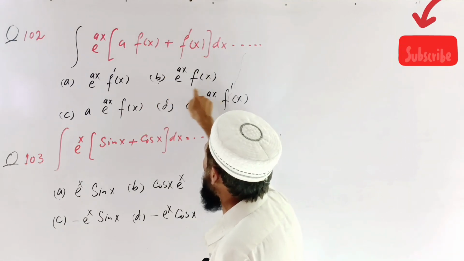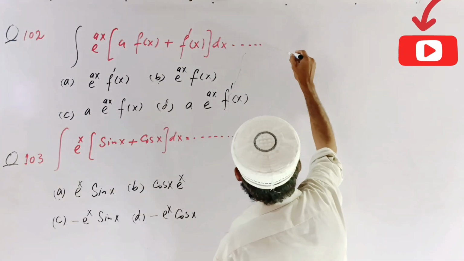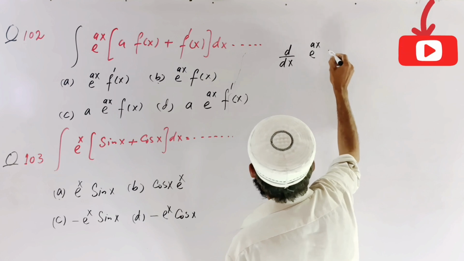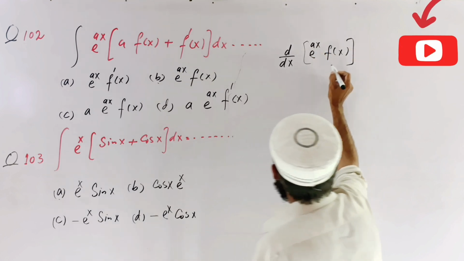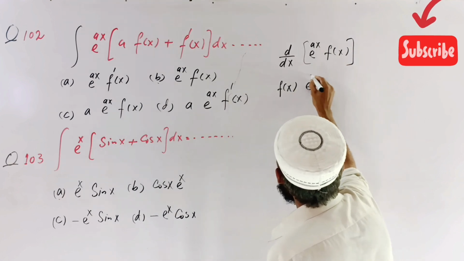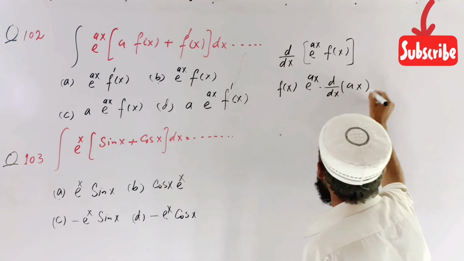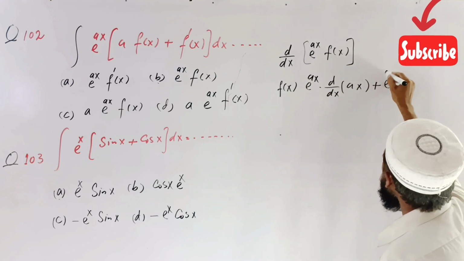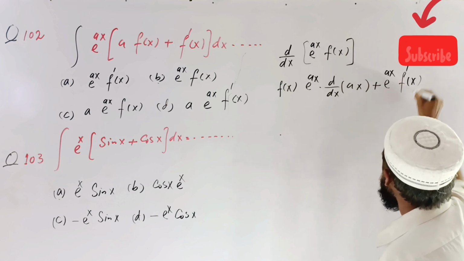If we check the first function, this is the first function and this is the derivative of the first function. We are taking e power ax times f of x. Taking the first function f of x, and the derivative of e power ax, that is the derivative of ax, plus, using the product rule, e power ax and the derivative of f of x, that is f dash x.